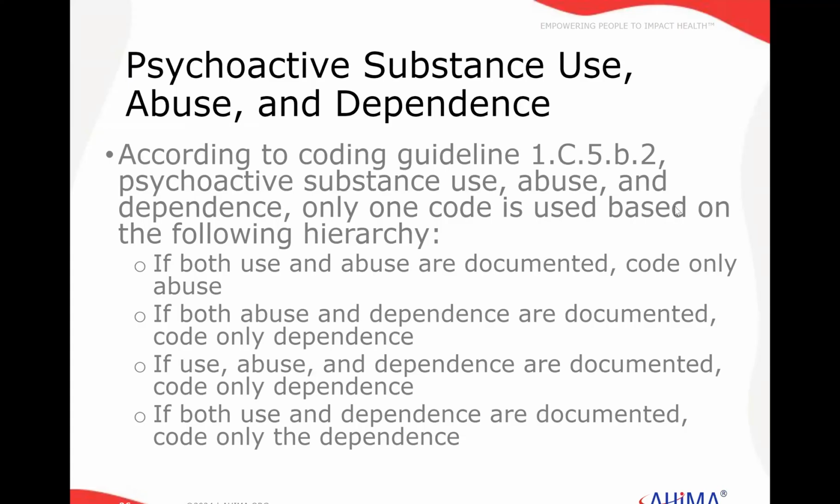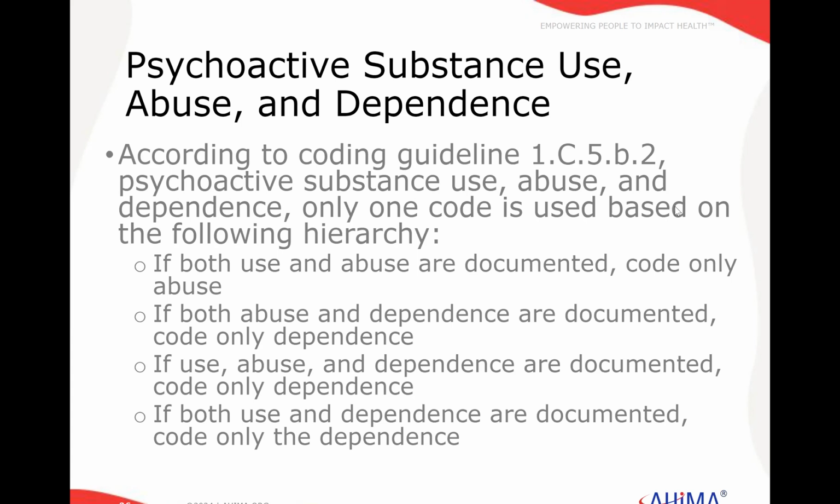And we have substance use, abuse, and dependence. And this is a general guideline saying that only one code is used based on the following hierarchy. Think of it this way. Dependence trumps both use and abuse. And if abuse and dependence is documented, we would code only dependence.